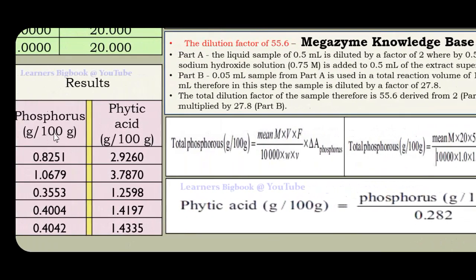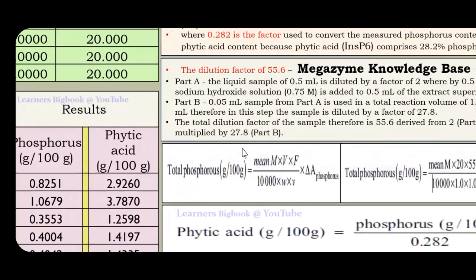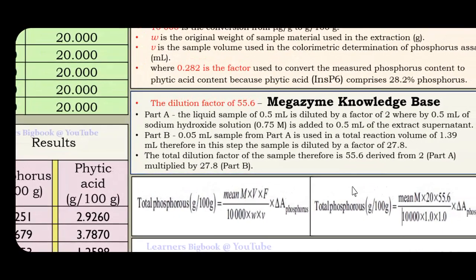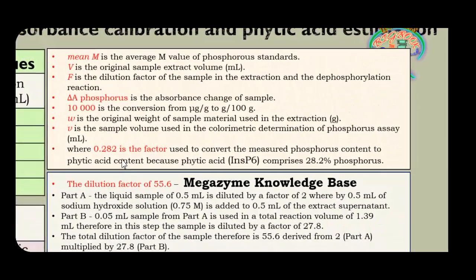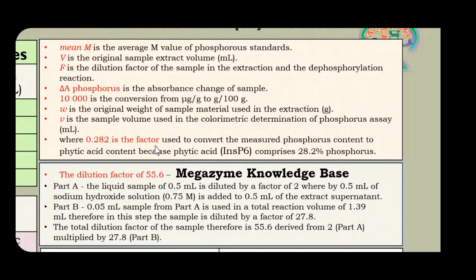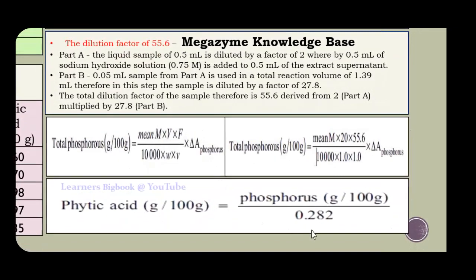Now further, whatever the phosphorus amount we have got, that has to be considered to calculate the phytic acid, where it will be done with the help of this particular formula, where the phosphorus amount we got will be put on the numerator and the denominator will be having a constant of 0.282. This will be because 0.282 is the factor which will be used to convert the phosphorus content to phytic acid content, because phytic acid comprises 28.2% phosphorus.